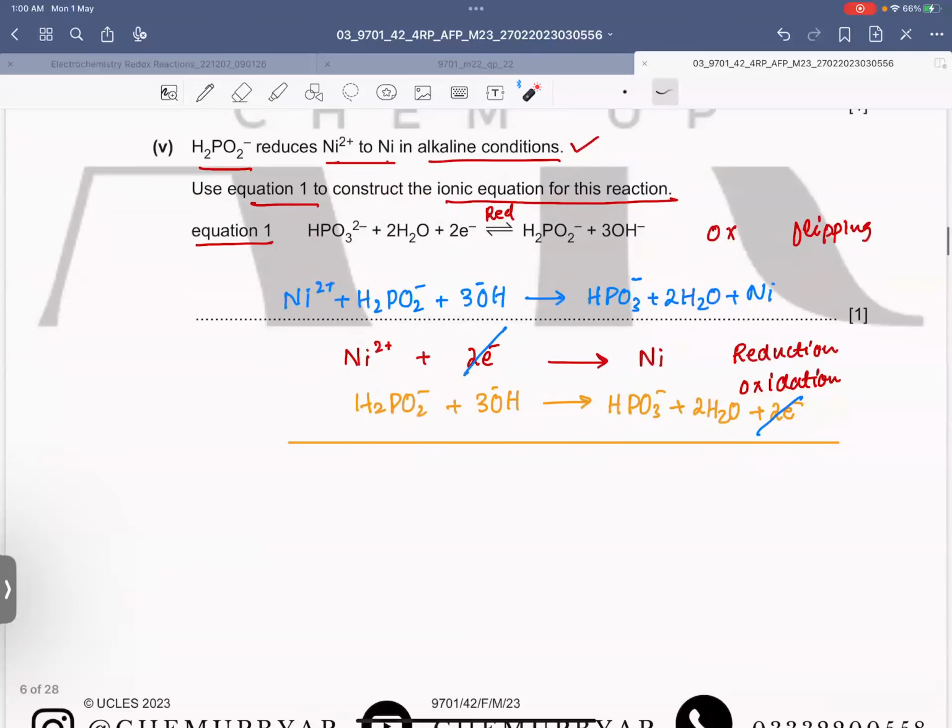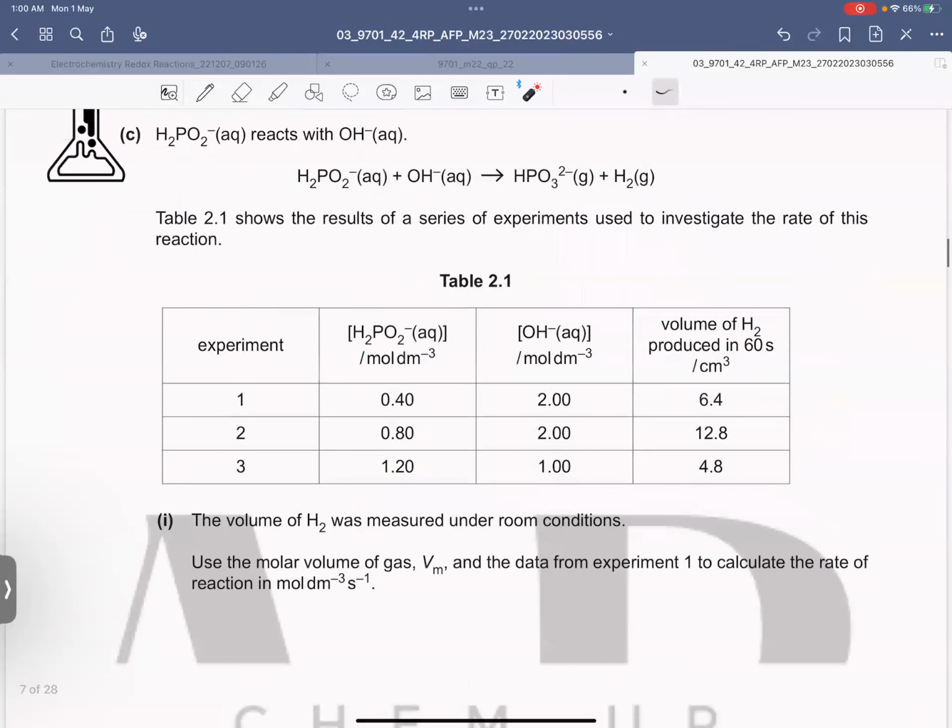Okay. Now, C part. What they are saying over here is that H2PO2 negative reacts with hydroxide ions. Here we have an equation.